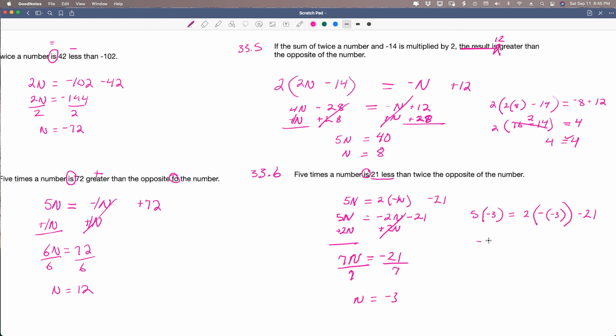All right, that's negative 15 right there. Okay, negative of a negative 3, that's going to be 2 times positive 3 minus 21. That's going to be 6. Positive 6 and a negative 21 is a negative 15. So it balances, so this is the correct answer.